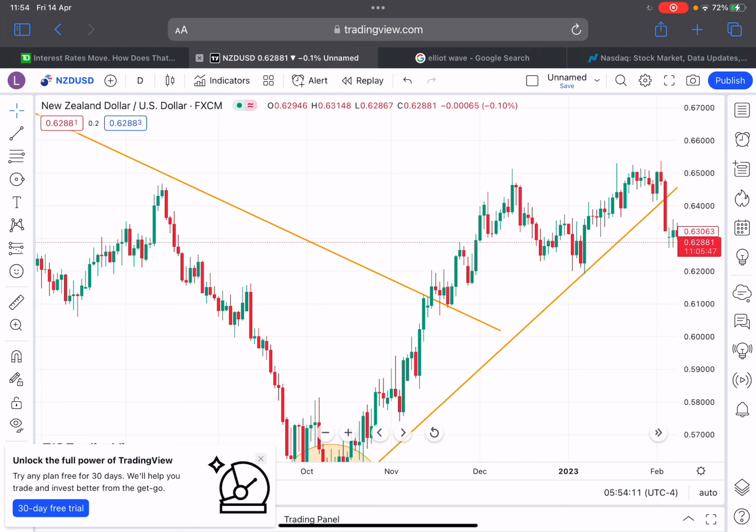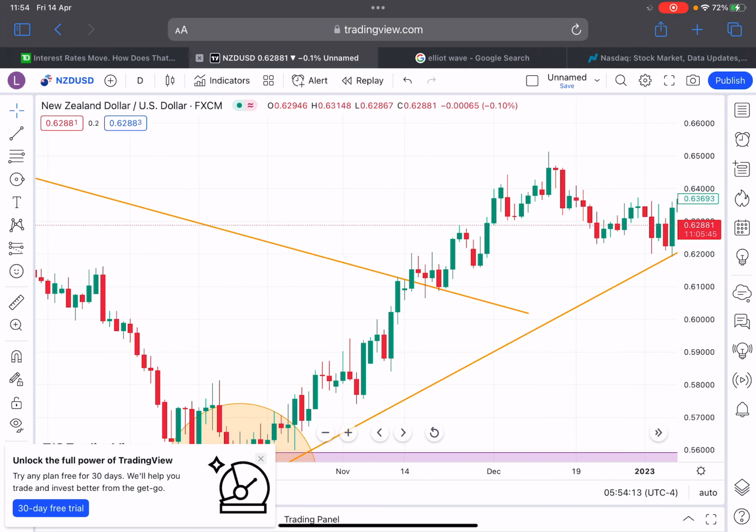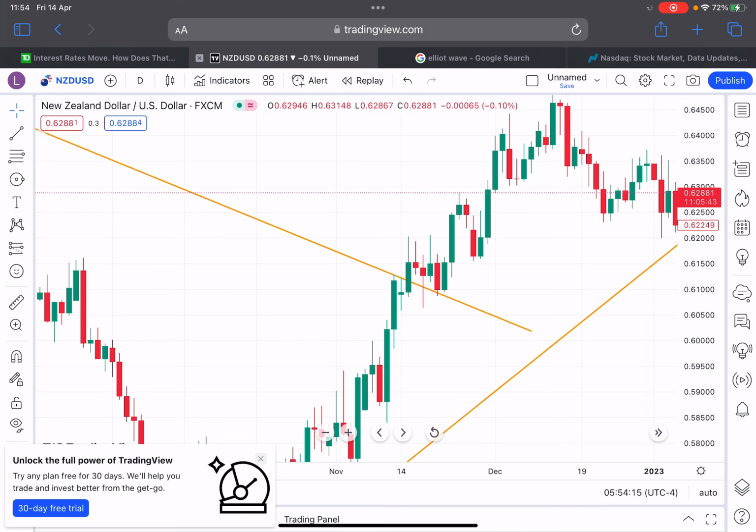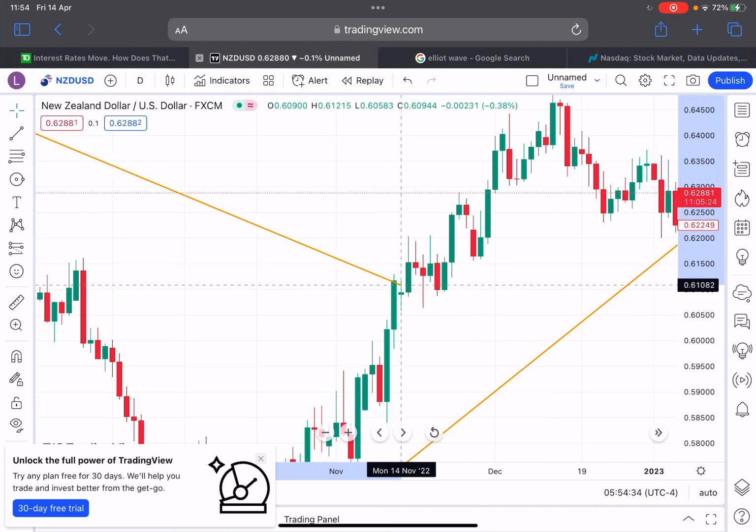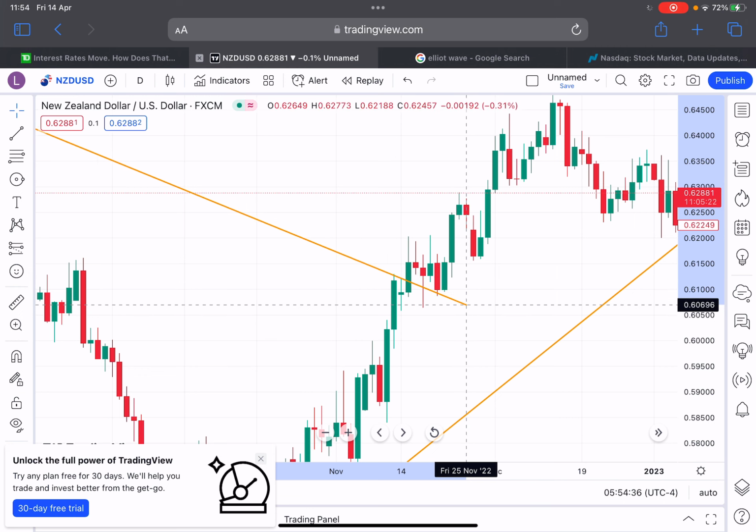So we have a confirmation, but we have to let our charts breathe between your touch 2 and your touch 3. Make sure there are candlesticks or something, but make sure your charts did breathe, so it doesn't have just one candlestick before you have a confirmation.